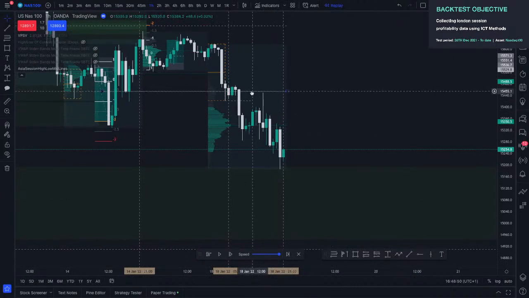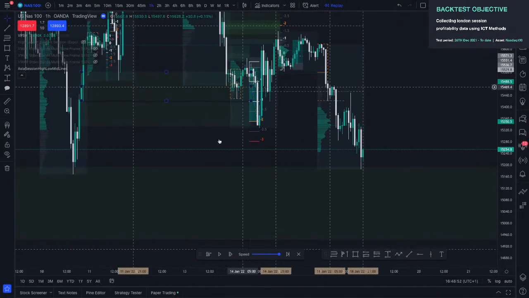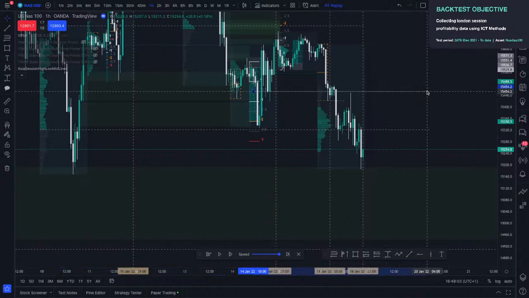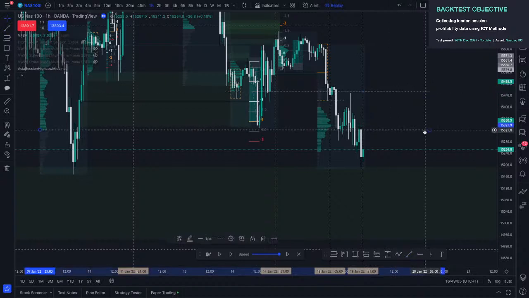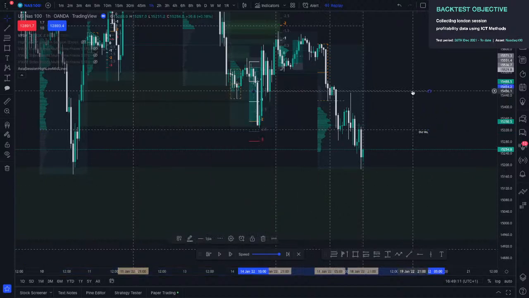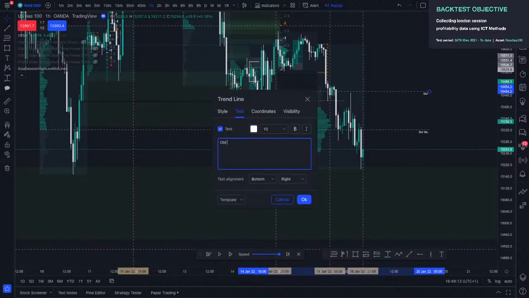But I'm just going to put a line here and a line here. This is an important value area low. So I'm just going to put hold value area low.